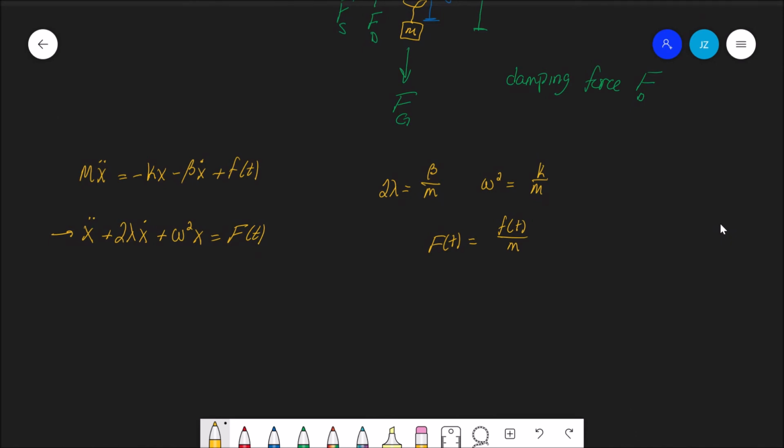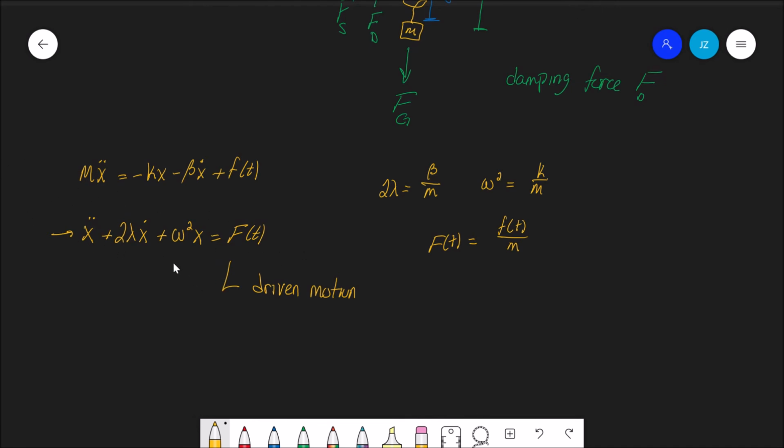This is the equation for driven motion or forced motion.